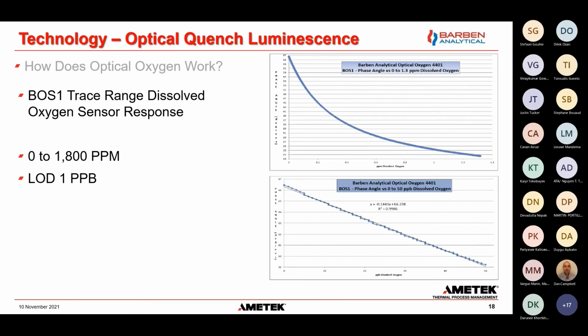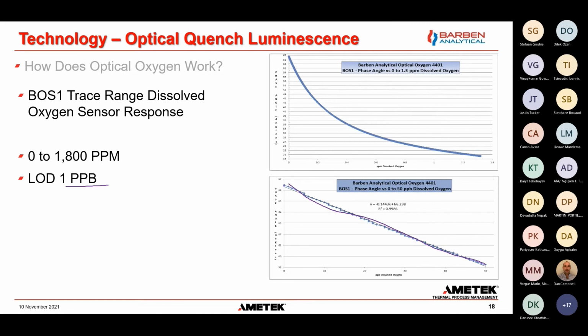Same sensors we showed in the gas phase can measure in the liquid phase. It can measure the dissolved oxygen over the range of 0 to 1800 ppm, and also has a low limit of detection of 1 part per billion. And you can see here that we have a range of 0 to 50 parts per billion.